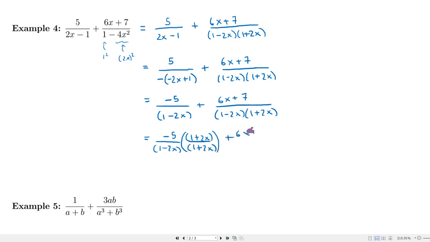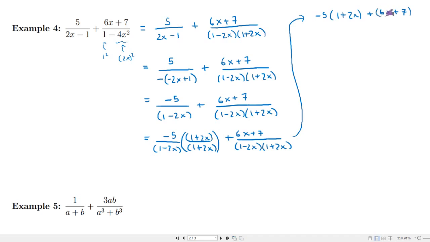And then this one, 6x plus 7 over 1 minus 2x, 1 plus 2x, right? Simplifying a little bit more, so what do we have? We have negative 5 times 1 plus 2x. And now that these denominators are common, we can just add these numerators, plus 6x plus 7, and then divided by the common denominator.